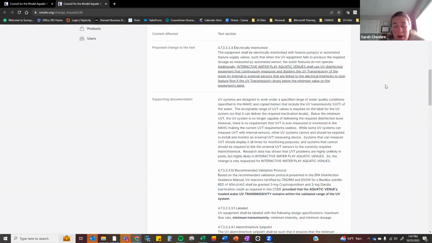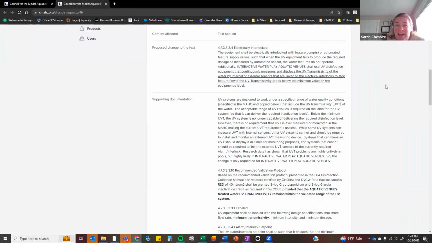Here's the new language: additionally, interactive water play aquatic venues shall use UV disinfection equipment that continuously measures and displays the UV transmissivity of the water by internal or external sensors that are linked to the electrical interlocks to stop feature flow if the UV transmissivity drops below the minimum value on the equipment's label.